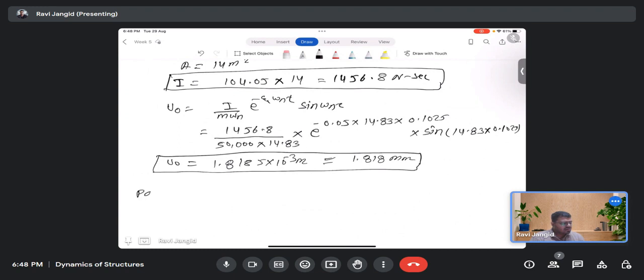Part B, peak shear force in the column. So can you tell me how we get the peak shear force? How do we get the value of the force?